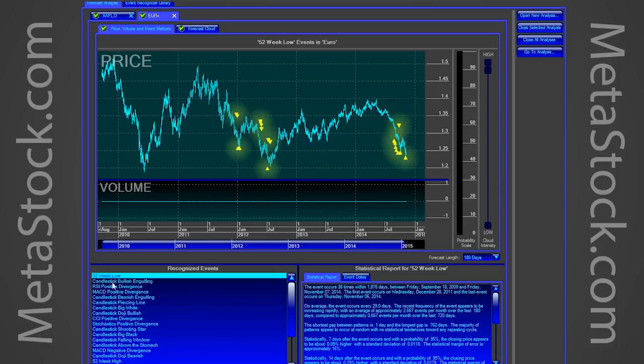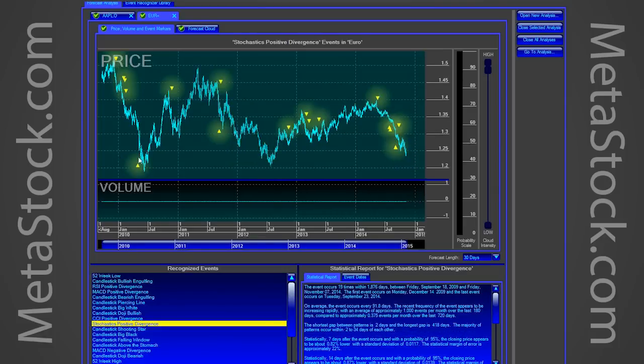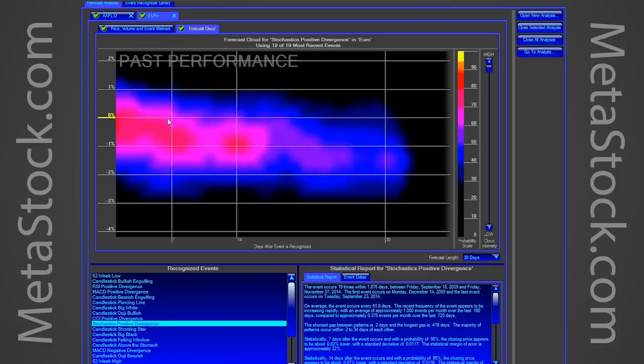Let's take a look at something completely different, maybe a stochastic, something we're all pretty familiar with. So here we have, again by way of review, every time we've seen a stochastic positive divergence event happen over the last 5 years, and we've had a few in recent days. Basically what it's telling us is what we should expect from the euro dollar based on that event.